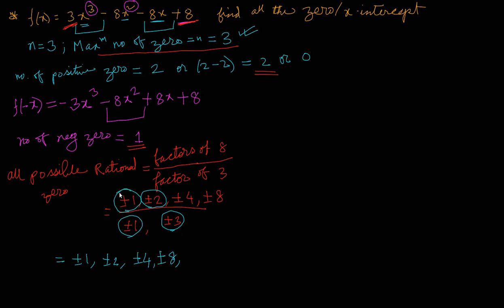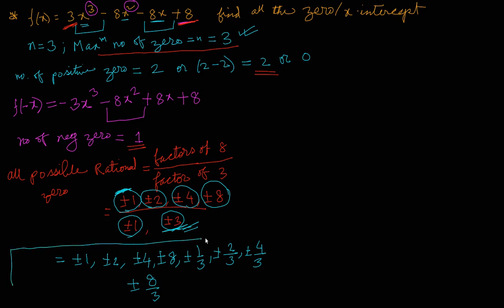Plus minus 1 over plus minus 3 is plus minus 1 over 3, plus minus 2 over 3, plus minus 4 over 3, and finally plus minus 8 over plus minus 3, which is plus minus 8 over 3. So these are all my possible rational zeros.